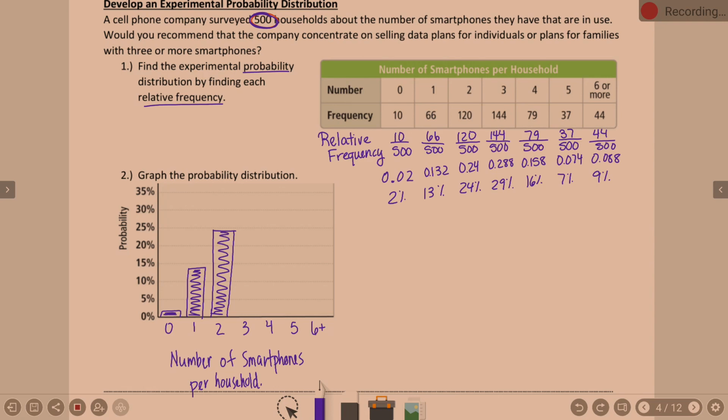Three phones, approximately 29%. And mine's not perfect by any means, but we have the data to support it. Four, 16%. Five is at 7%. And six or more is at 9%.